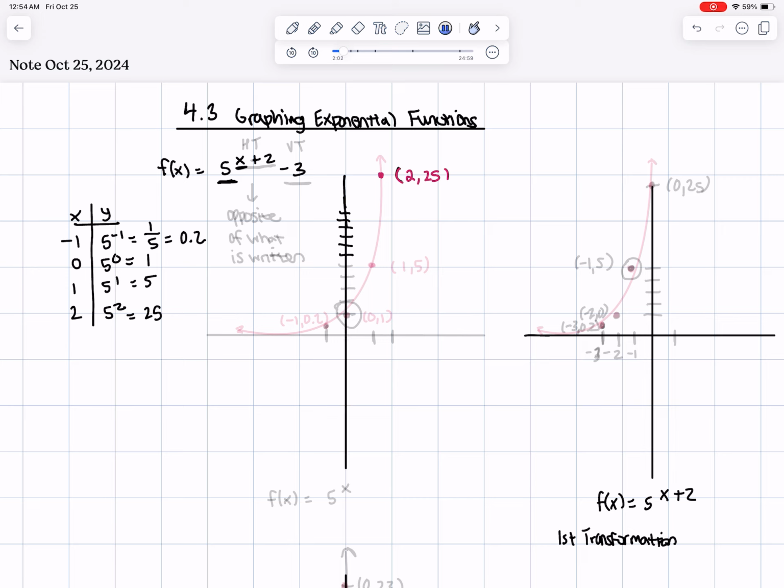So this is my toolkit function, f of x is equal to 5^x. And now I just graph my points. Now I do this in a different color.